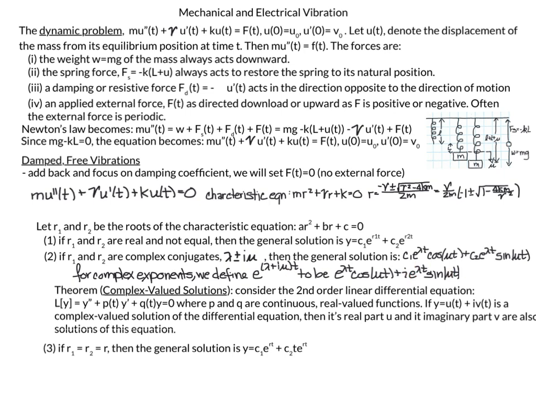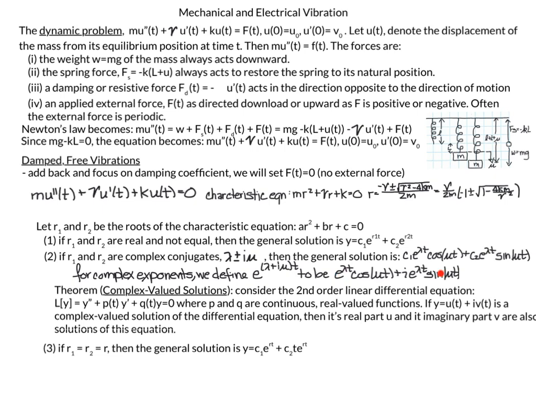There was one other thing we did. We had this theorem that said if you had the second order linear equation and you had a complex valued solution, in other words, a real part plus i times another real part, then the real part u and the imaginary part v, which is real without the i, would also be a solution.